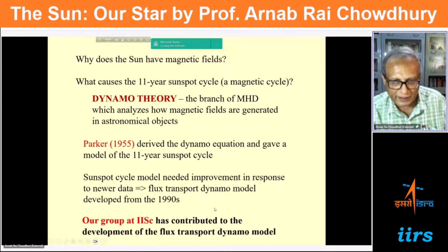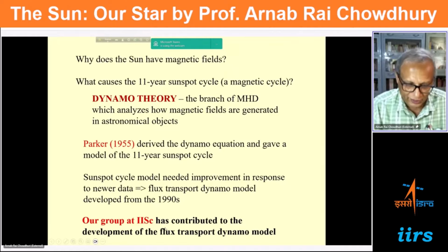Our group at IISc has contributed to the development of this flux transport dynamo model. The organizers told us speakers that we should highlight any important work done in India. Of course, I do not want to comment on whether our work was important or not; that should be judged by others.